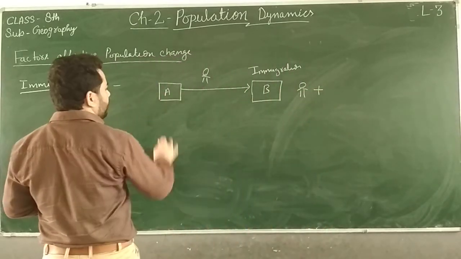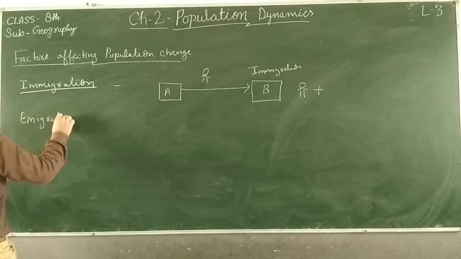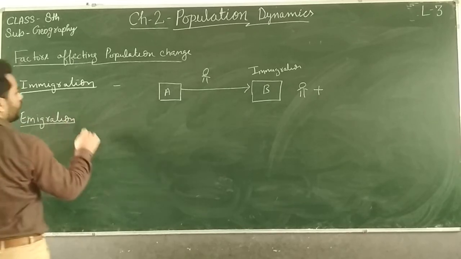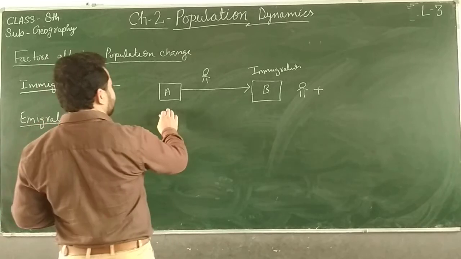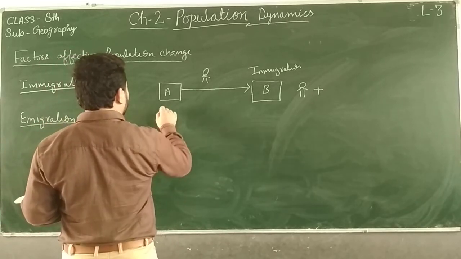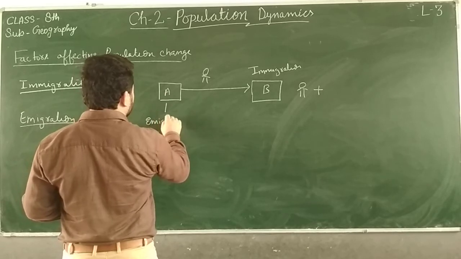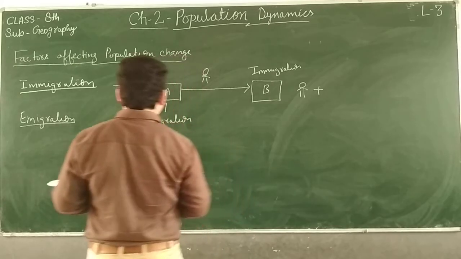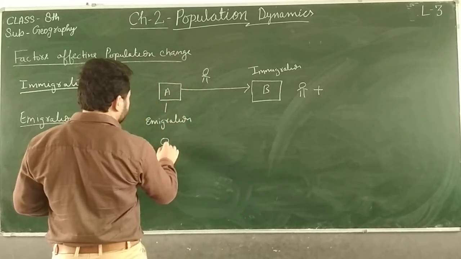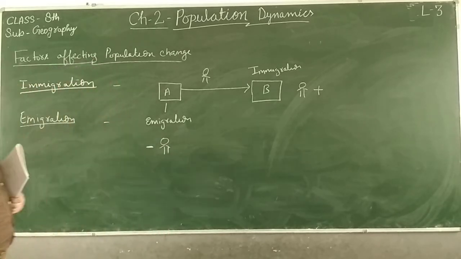Whereas at A, emigration will take place. That person who has gone from place A to place B has left place A. So here emigration is taking place. One person is leaving this place and going there, so here the population is reducing, minus.